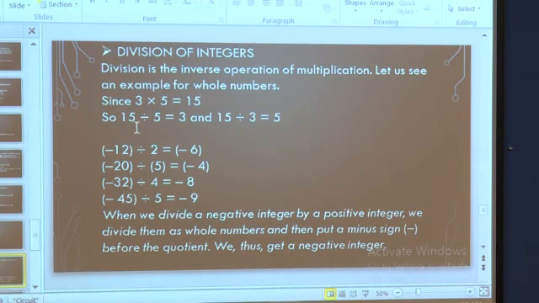So, 15 divided by 5 is 3 and 15 divided by 3 is 5, because it is the inverse operation of multiplication. Now, another very simple example, you can answer orally: minus 12 divided by 2 is equal to minus 6. This division is very easy.